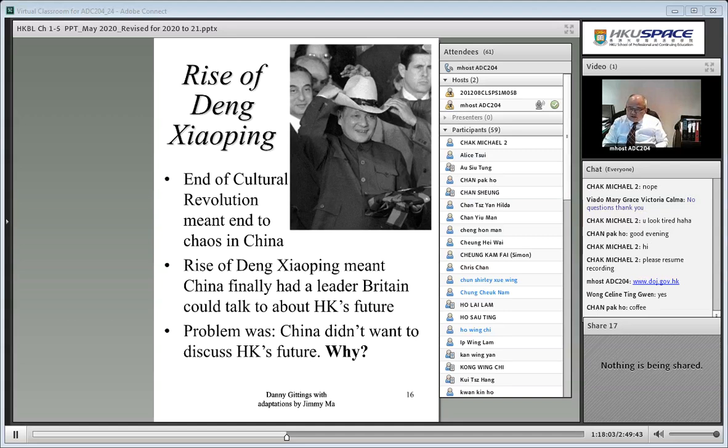But in those days, though, China didn't want to discuss Hong Kong's future. Why was China not wanting to discuss the future with Britain initially? Well, China took a stern position that the Nanking treaties are not enforceable, so they don't have to worry.